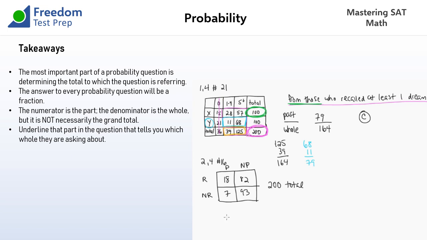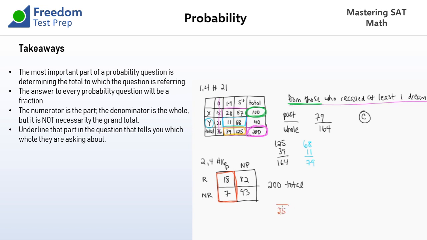Okay, so that's another way of saying out of all the people who passed the bar exam, right? And this is our pass column here. So we are going to outline this. Out of all these people, 18 plus 7 is 25.